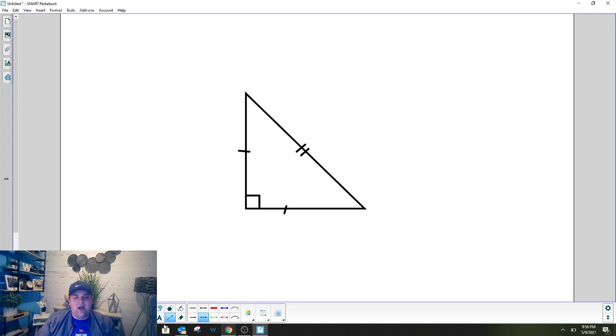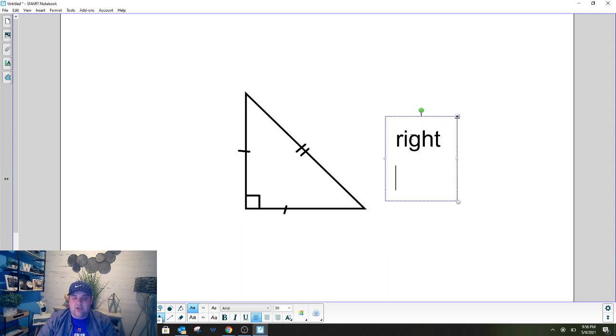Now let's look at this shape. Go ahead and write what kind of triangle this is, and then we'll talk about it together. All right. If you said that this triangle is a right triangle, you are right. You also could have said it's an isosceles triangle as well, because there's two sides that are the same size and another side that is not.